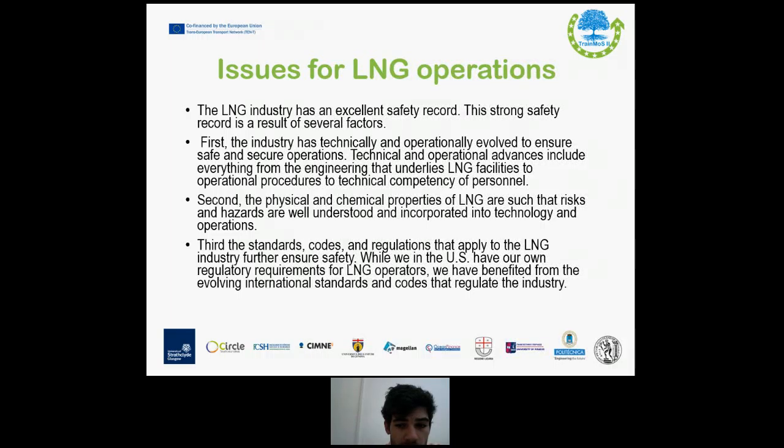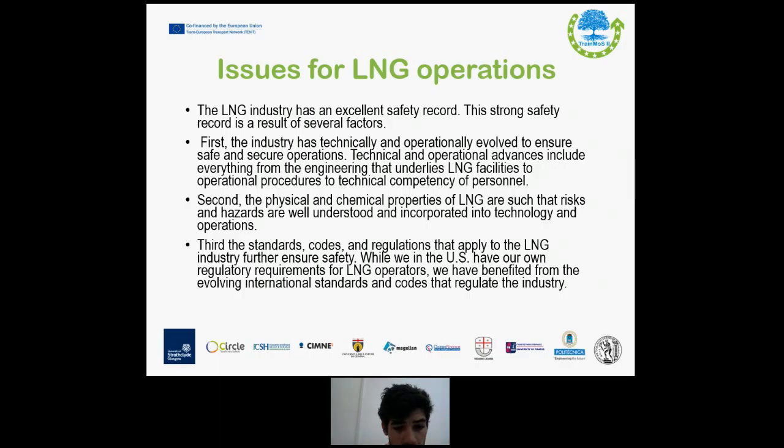Technical and operational advances include everything from the engineering that underlies LNG facilities to operational procedures to technical competency of personnel. Secondly, the physical and chemical properties of LNG, as described above, are such that risks and hazards are well understood and incorporated into technology and operation.